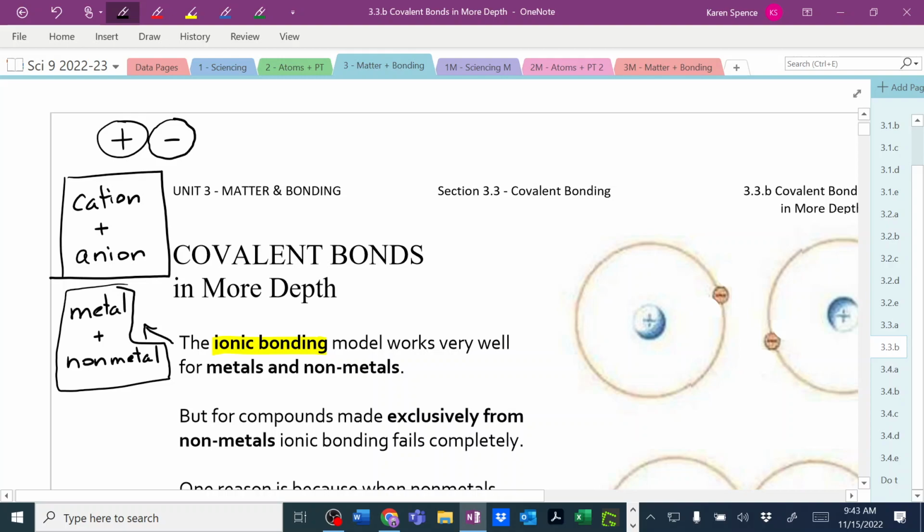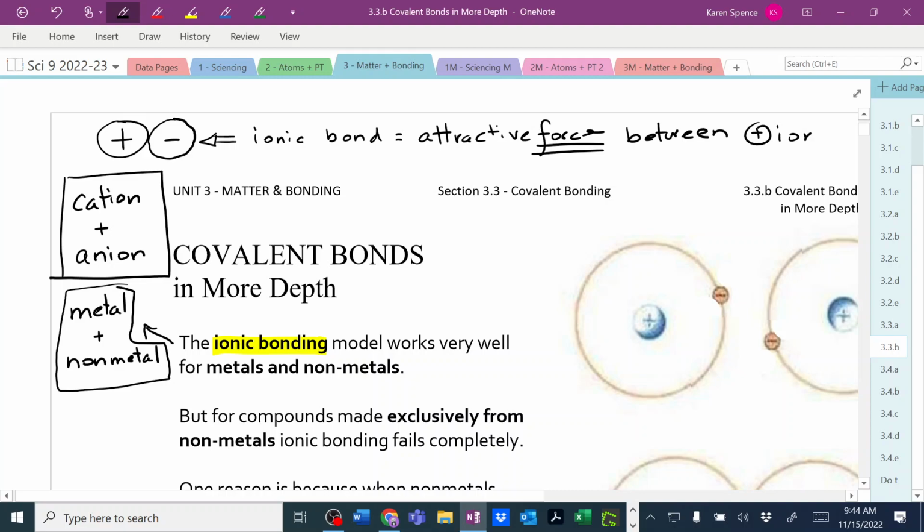And the ionic bond is just the attractive force between the positive and negative ions. So that's what an ionic bond is, and we've spent the last couple days talking about that.